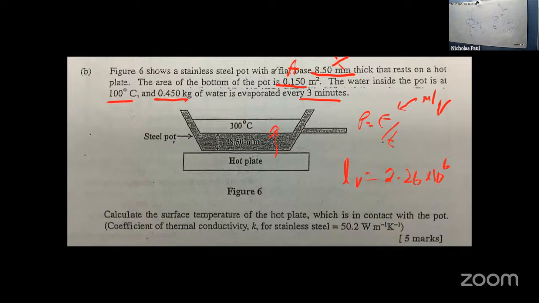So find the energy and divide it by the time, make sure time is in seconds, right? There is no radiation there.